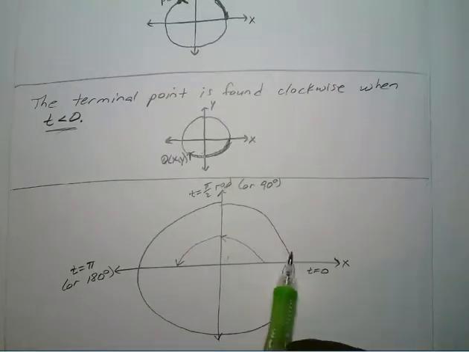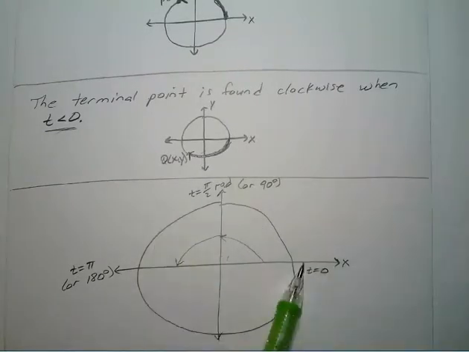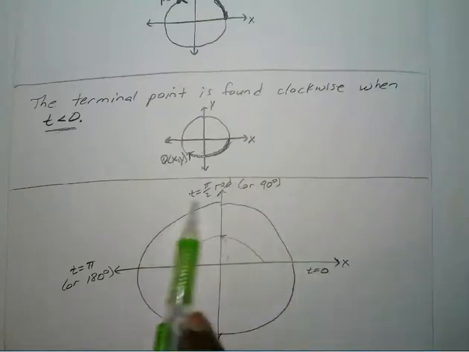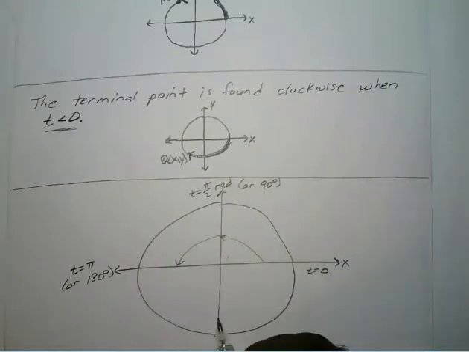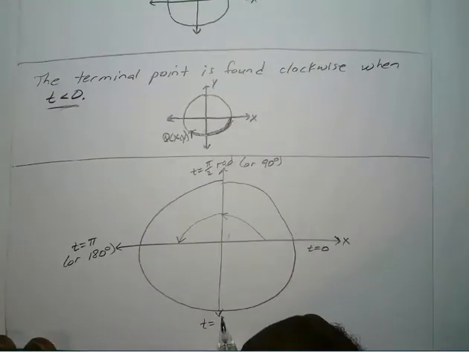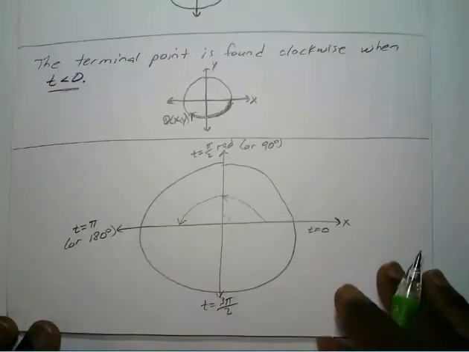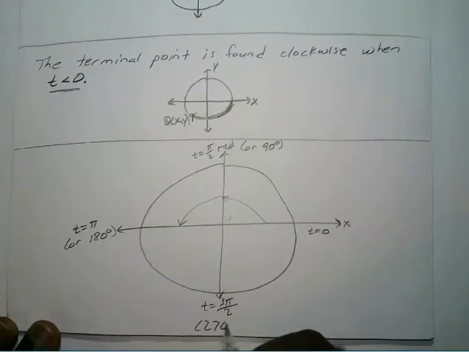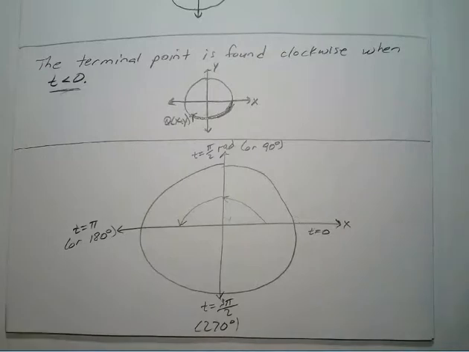Okay, so if you're starting at t equals 0, you're going all the way around until you reach this point, then this is t equals 3 pi over 2, or 270 degrees.